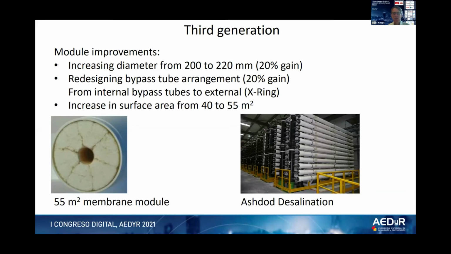And this gave us an improvement from membrane surface area per membrane module from 40 to 55 square meters. So these membranes are directly retrofittable in the previous generation vertical installed membranes. For the horizontal membranes, they're not directly retrofittable. We can translate some of the improvements to the previous generation, but not all of them.